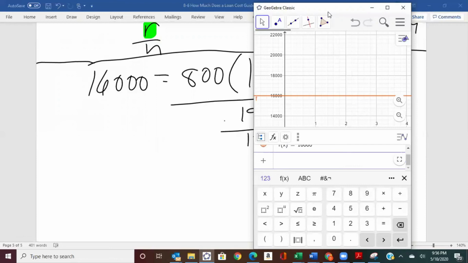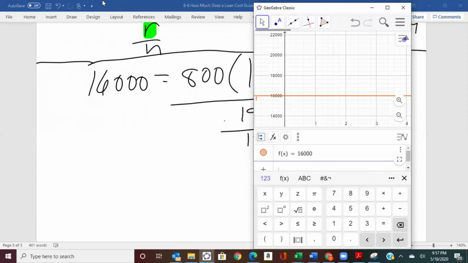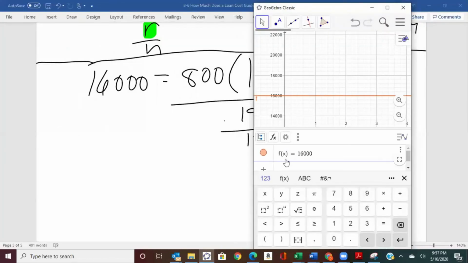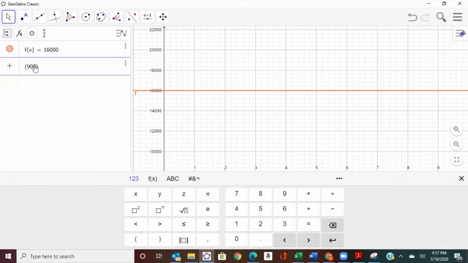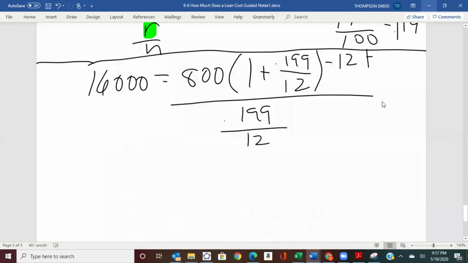Then the next equation, we're going to type in a parentheses first, 800 times parentheses 1 plus 0.199 divide 12, go outside the parentheses, hit the exponent button, and we want negative 12.